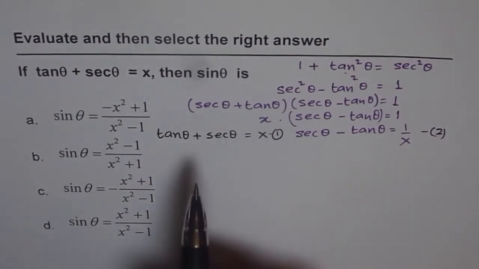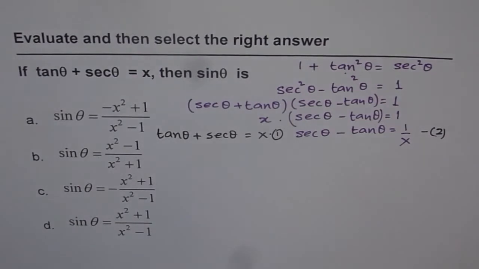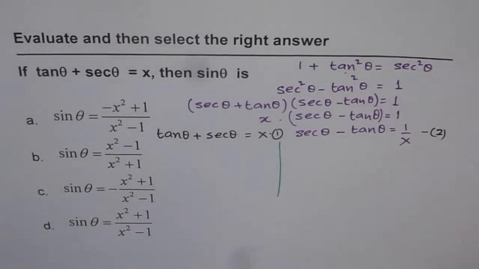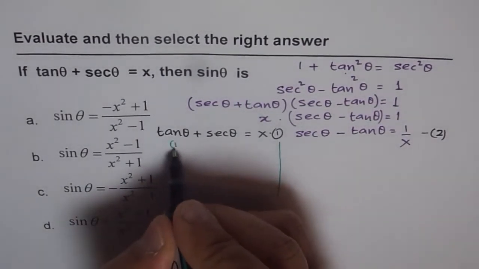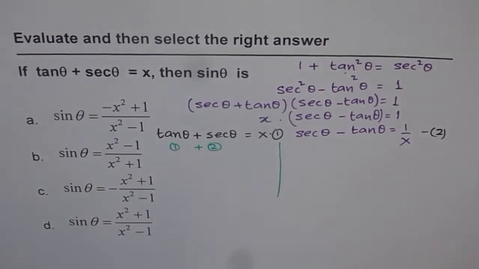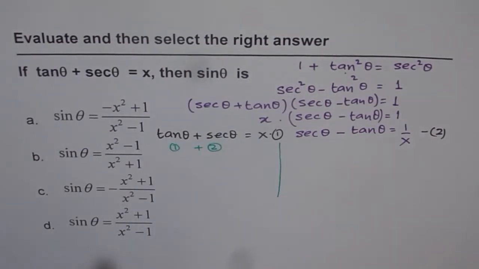Now from here, we can find what tan theta is and what secant theta is, right? How will you find it? If you add these two equations, what do you get? So let's add 1 and 2. Tan theta minus tan theta becomes 0, so I get 2 times secant theta, right?